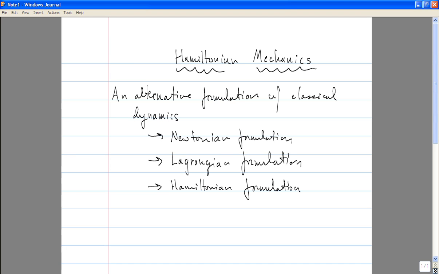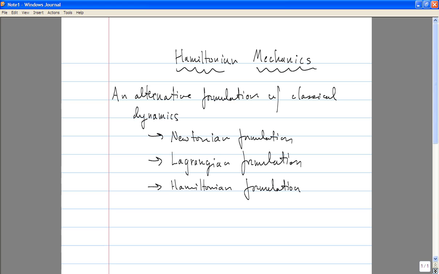The Hamiltonian formulation is just as or more powerful than the Lagrangian formulation as a conceptual tool for understanding mechanics. But I will be honest with you, it is not particularly useful for doing explicit computations of equations of motion of dynamical systems.